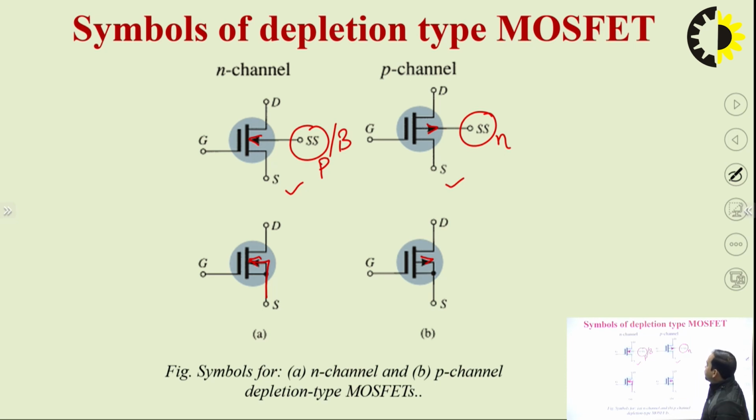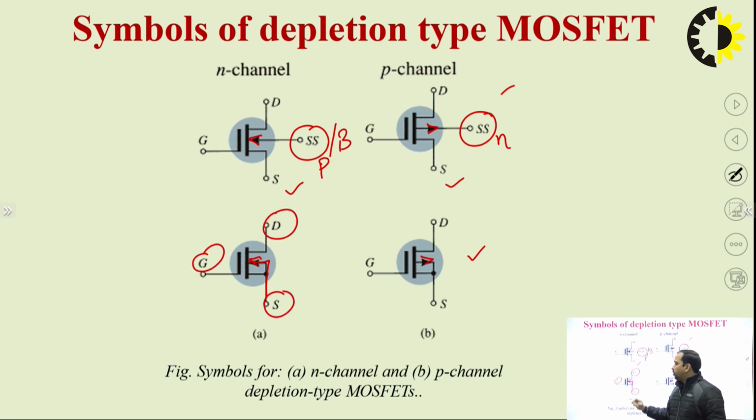This is for N channel depletion type, and these two are for P channel depletion type. First we have all four terminals: drain, source, gate and body. And if body and source are internally shorted, then we have only three terminals left for the operation: drain, source and gate.